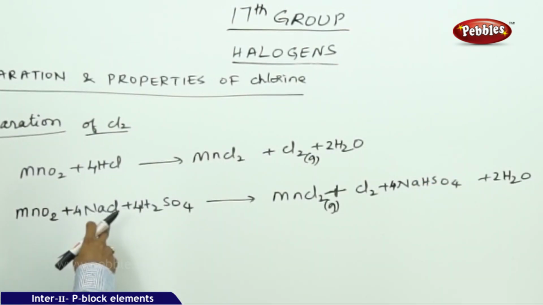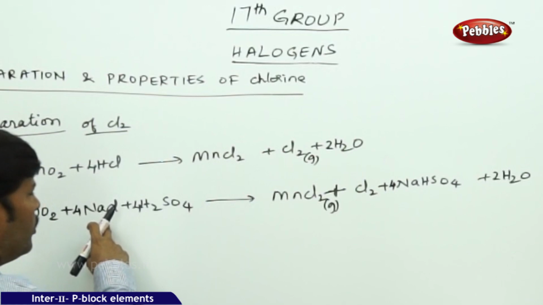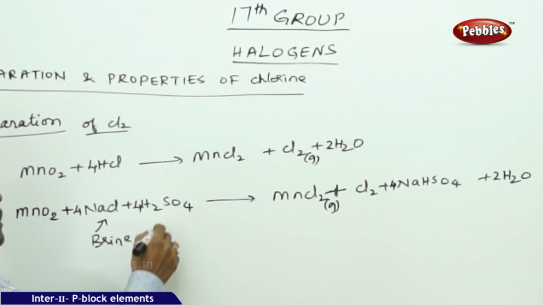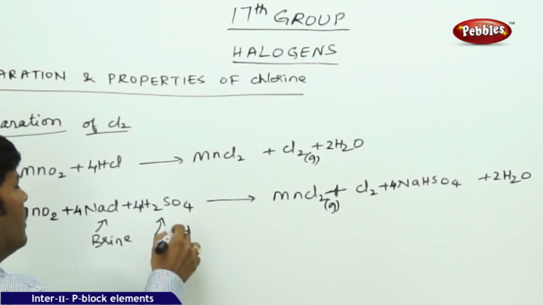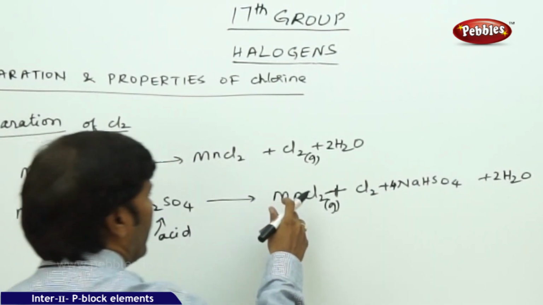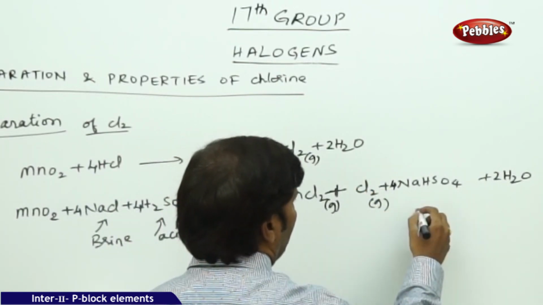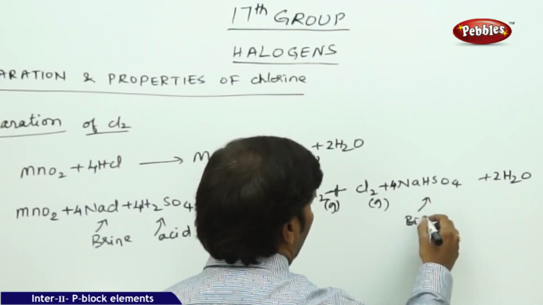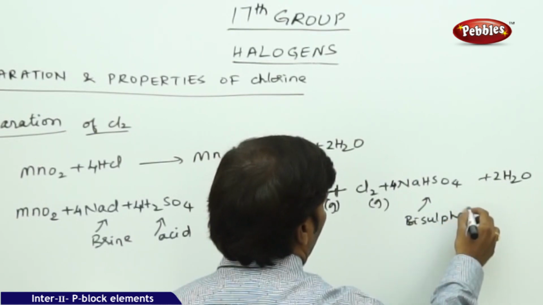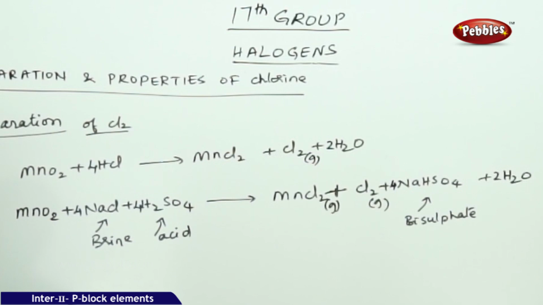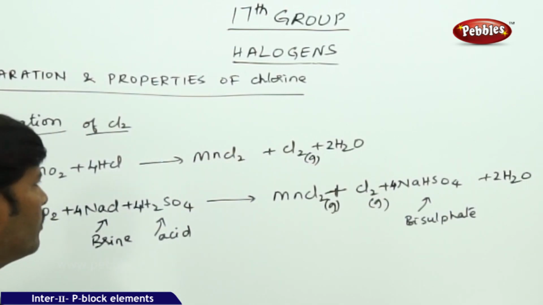So manganese dioxide when treated with the brine solution, and this is acid, and this is metal oxide, you are getting manganese chloride, chlorine gas, and sodium bisulfate.